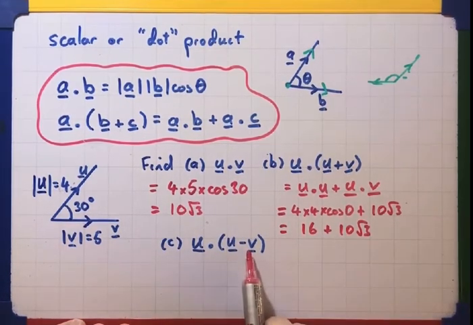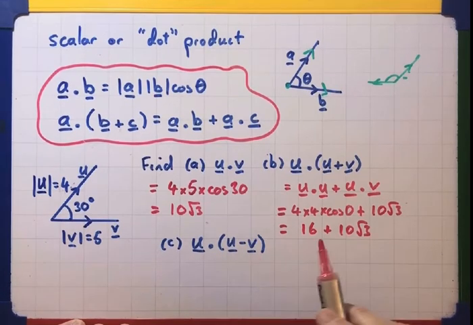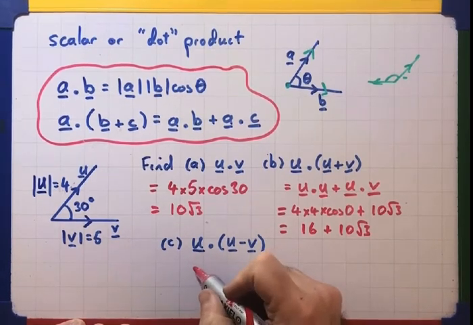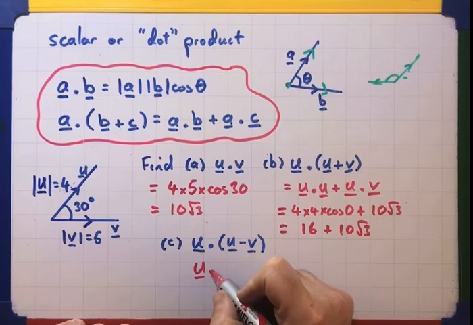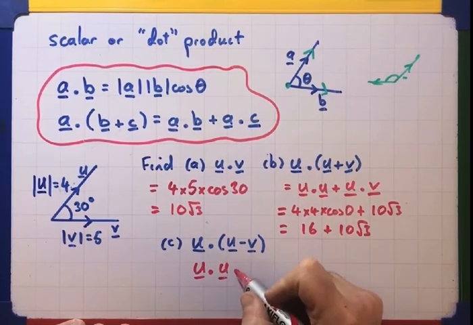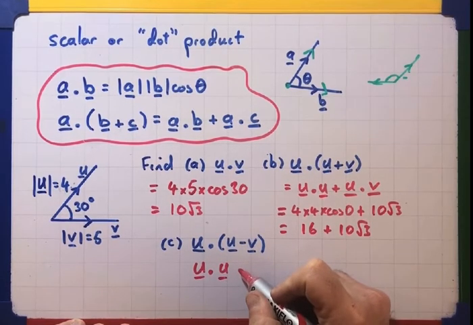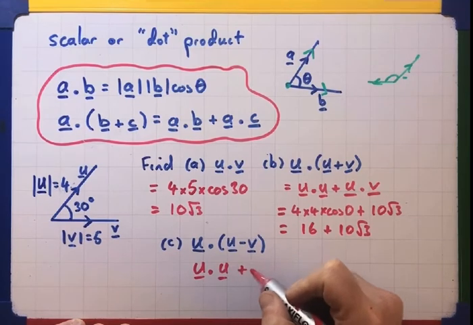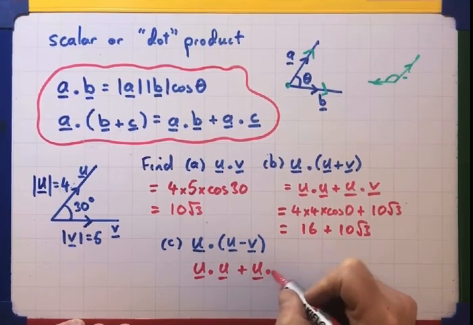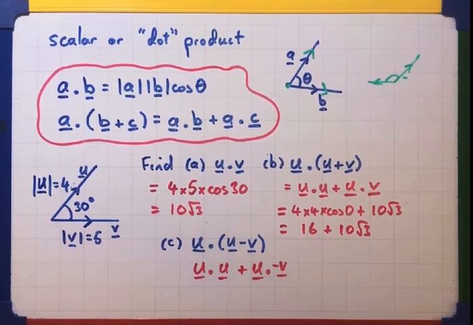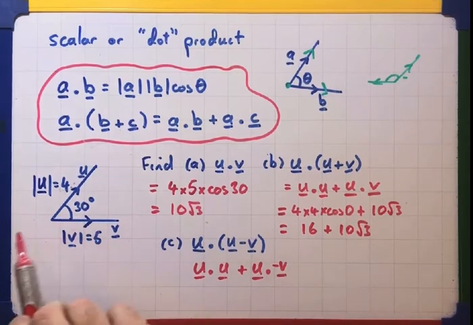What about this one? Okay, that is the same as u dot u plus u dot minus v. Remember, minus v just means it's the other direction.